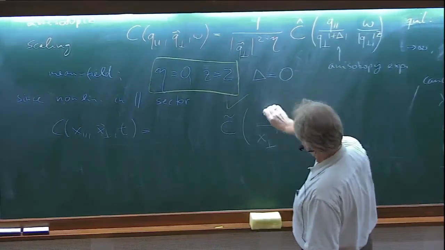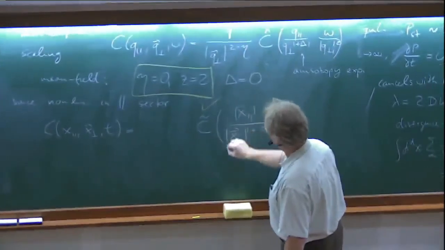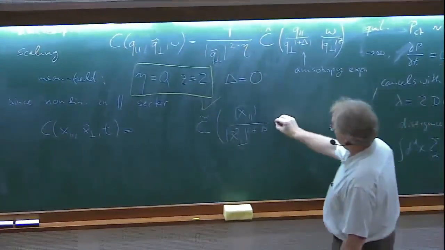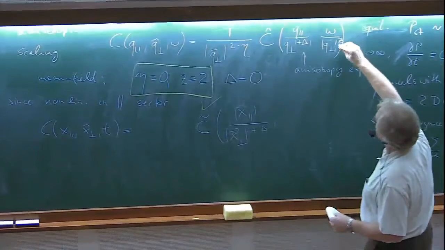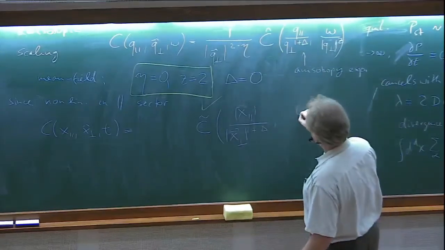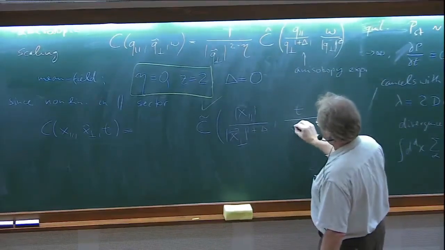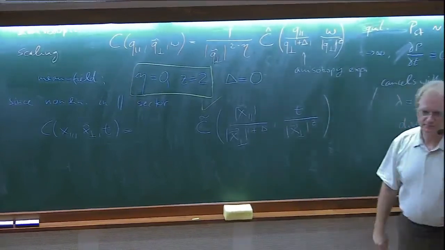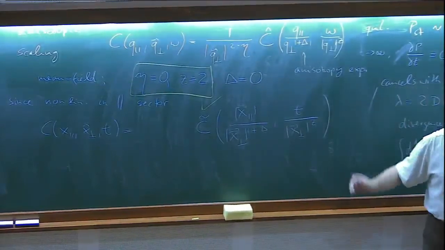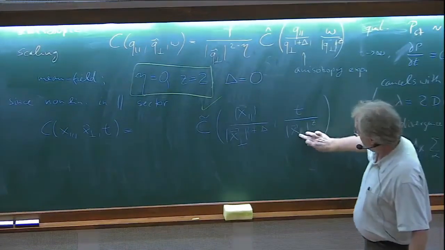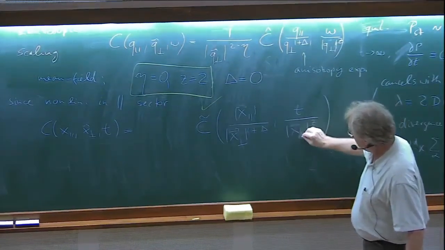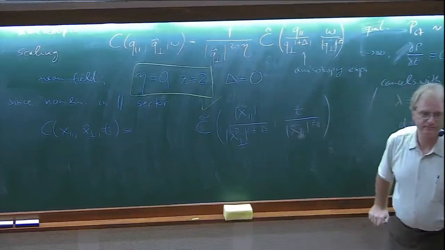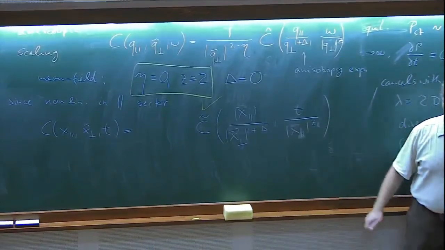So these are distances. And then instead of omega divided by Q to the z, I would have T divided by X perp to the z. Well, I could modify that if I'm so inclined and make that an X parallel to a z parallel. That defines z parallel.